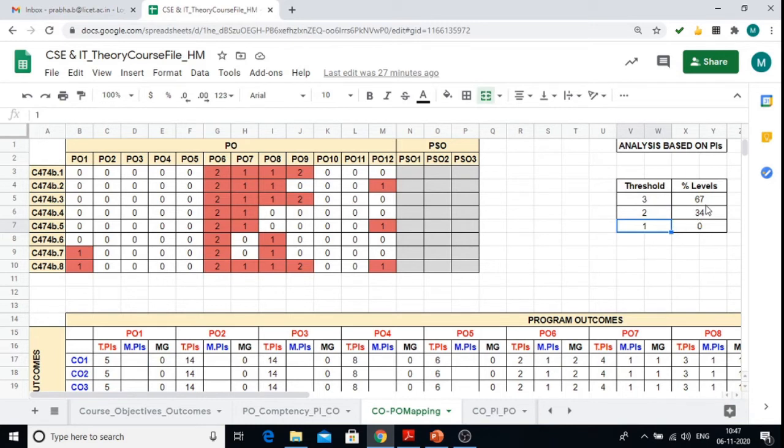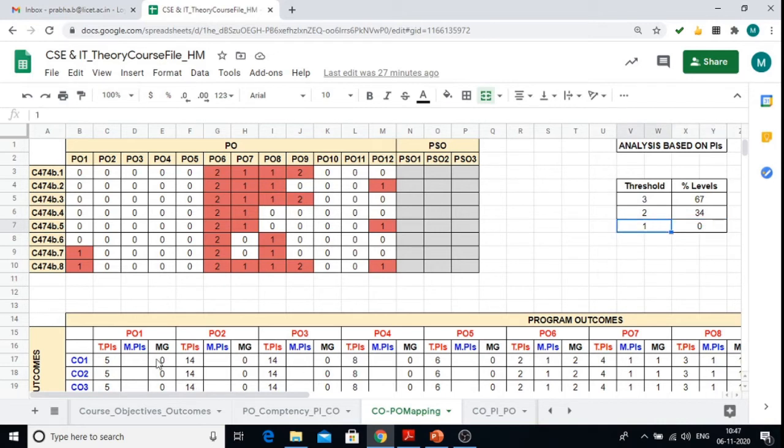If the mapping ratio is greater than 67, we put a value of 3. If it is greater than 34, we put a value of 2. If it is greater than 0, that is 0 to 33, the value is 1.